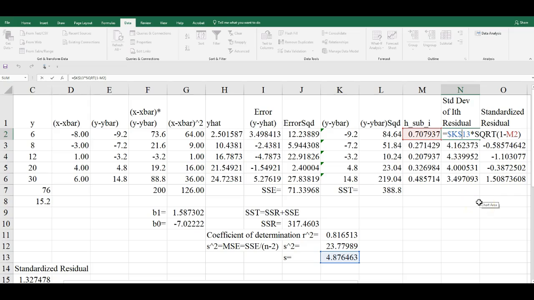We then calculate the standard deviation of the ith residual, and this is where this h value comes in. In each case, it is s times the square root of 1 minus that h value. And you do that for each residual.